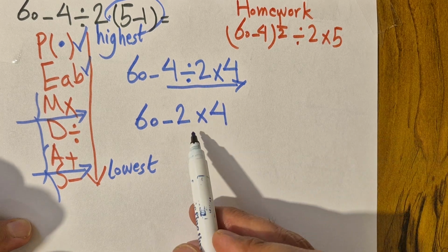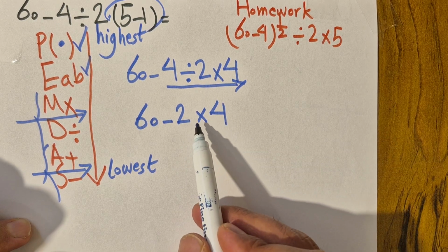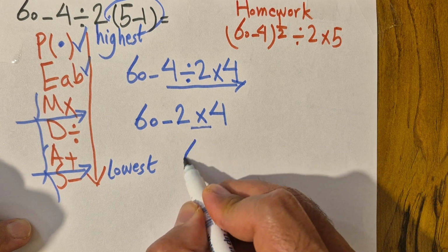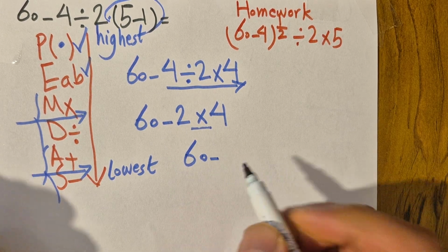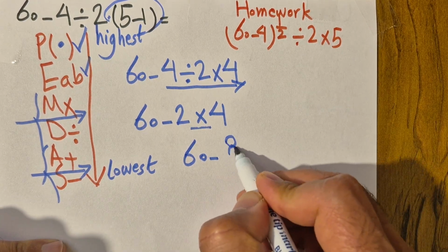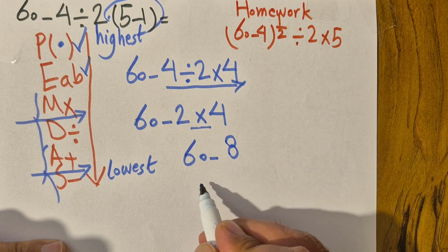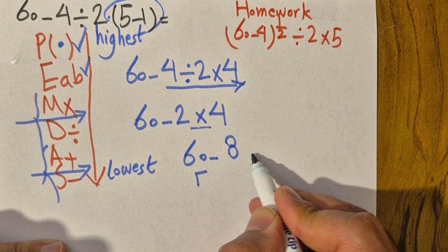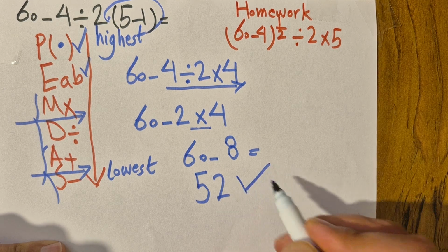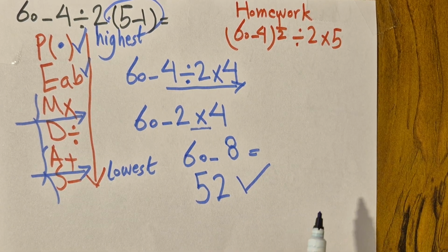We have another multiplication. It means that we must do this before the subtraction. So 60 minus 2 times 4 gives us 8. And 60 minus 8 gives us 52. And that's the only correct answer according to PEMDAS.